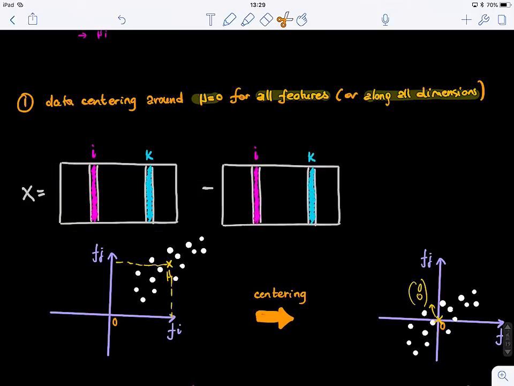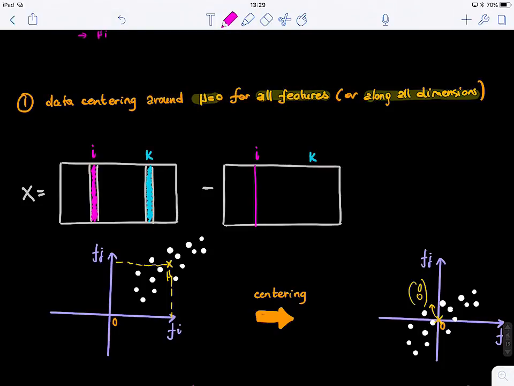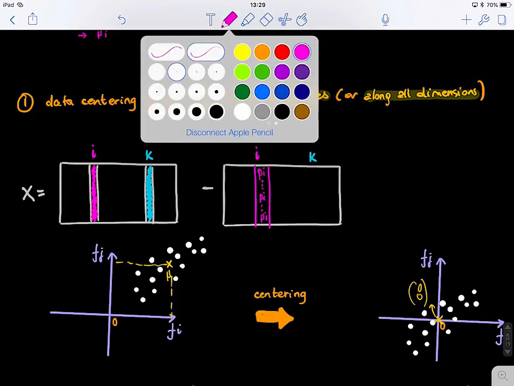In these rows I will put mu i along all dimensions, and I perform an element-wise subtraction, okay?